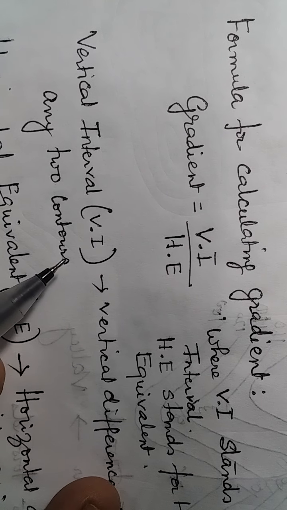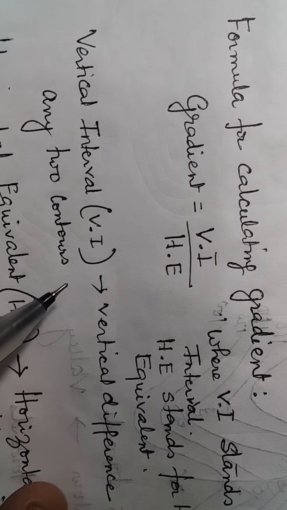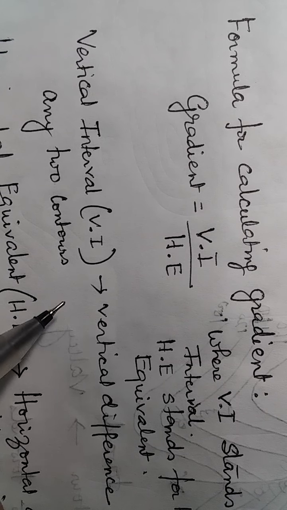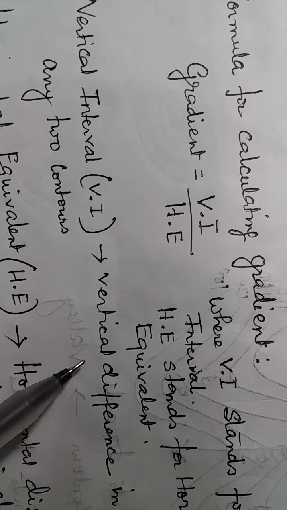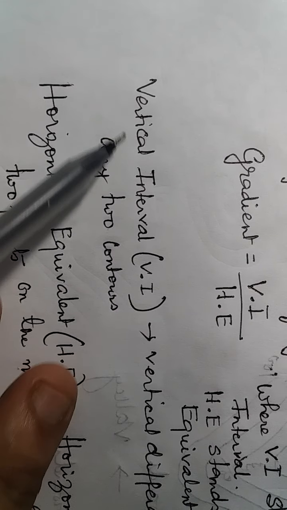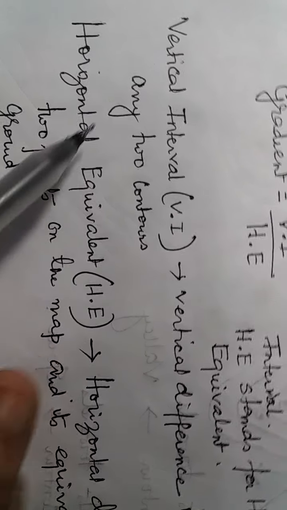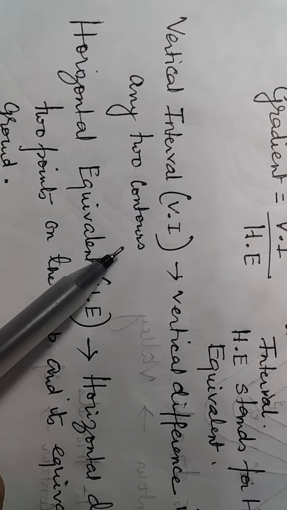CI, that is contour interval, and vertical interval are not the same. In contour interval, it is the vertical difference in height between two adjacent contours, whereas in vertical interval, it is the vertical difference in height between any two contours. That is the difference.